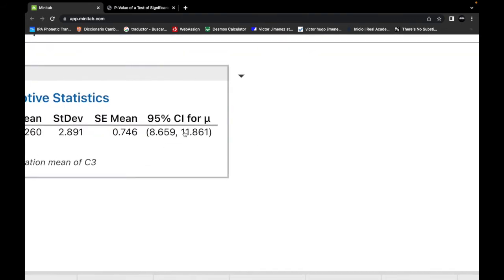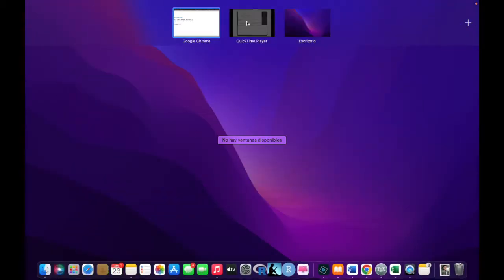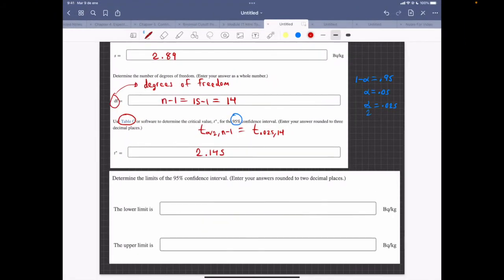And there you have it. These are the values we're looking for: 8.66 and 11.86. 8.66 rounded to 2 digits, and 11.86.